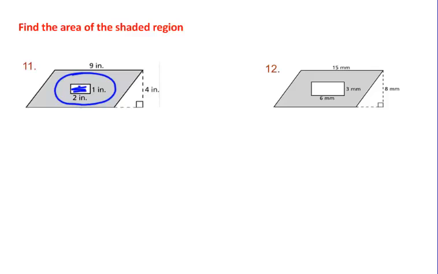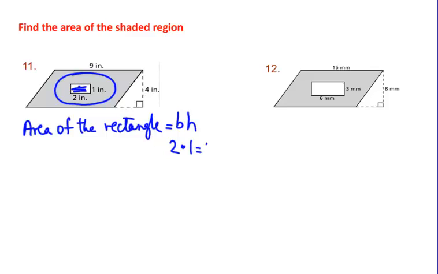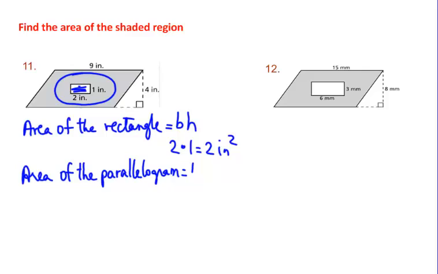So let's go ahead. The area of the rectangle, in this case, is base times height. We all know that already. So it's 2 times 1, which is 2, in this case inch square. And my area of the parallelogram, and we are talking about the entire parallelogram here, is again base times height, which is in this case 9 times 4, which is 36 inch square.